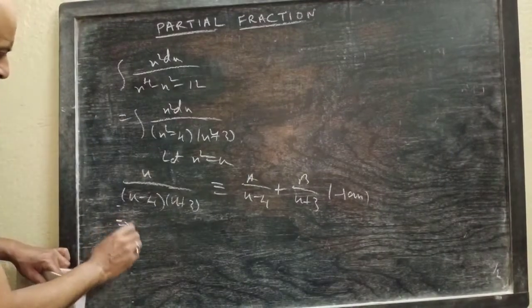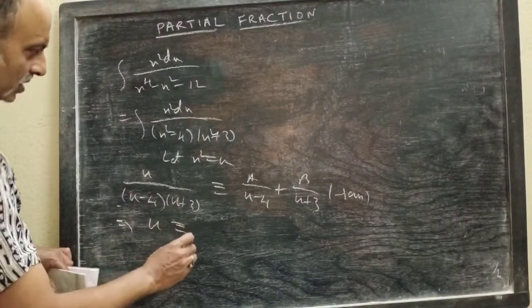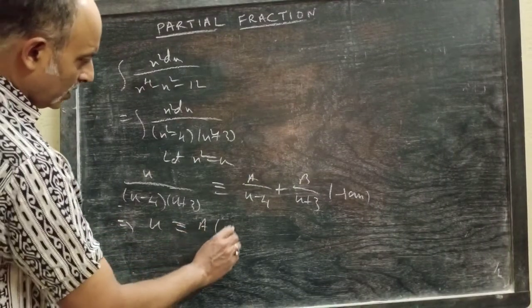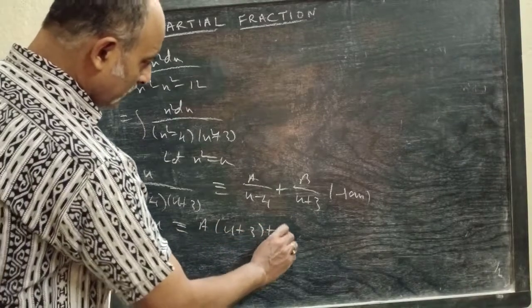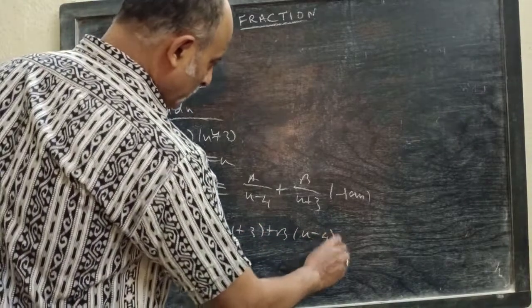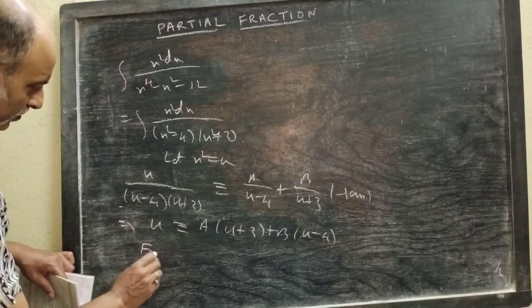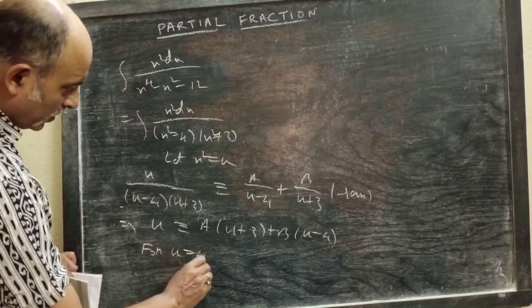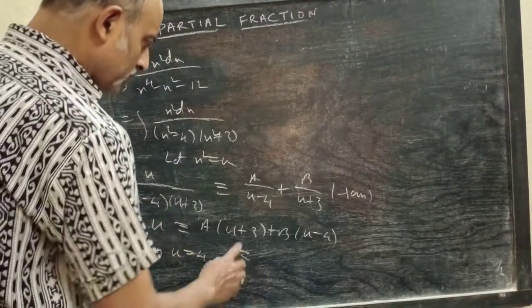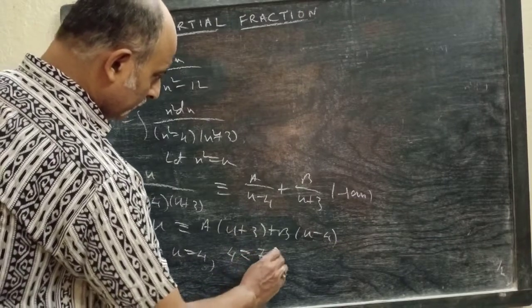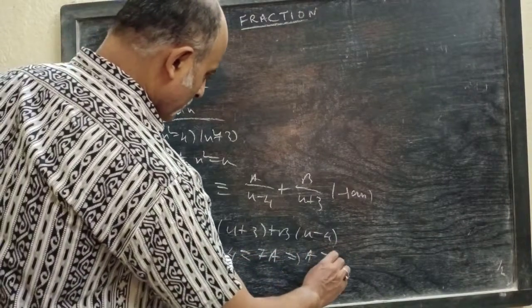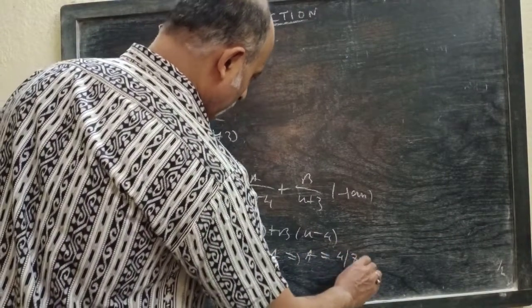Now multiplying both sides by the denominator, you get u identically equal to a into (u plus 3) plus b into (u minus 4). For u equals 4, 4 equals 7a, so a is 4 by 7.